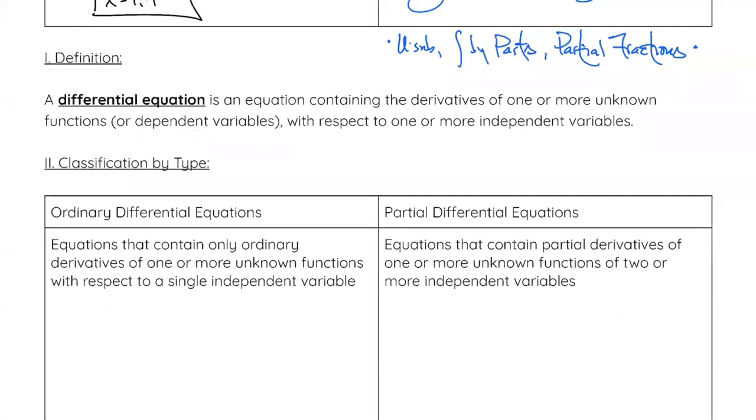And we're also going to be incorporating one or more independent variables. So in other words, we're going to have a lot of x's and y's, y primes, maybe some y double primes, and we're going to be trying to get y all by itself. Okay, so that is our end goal.